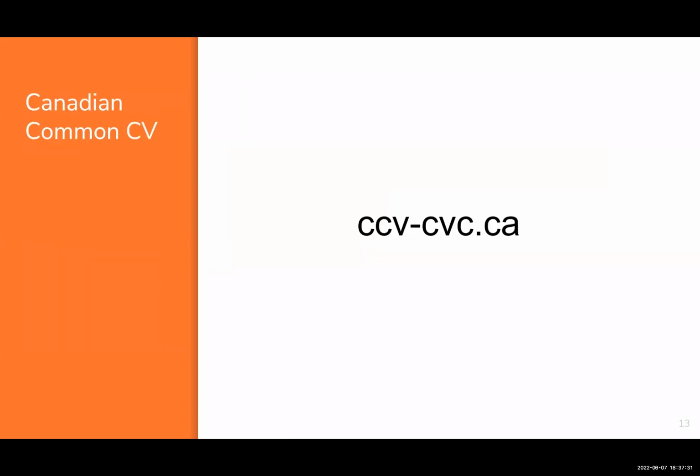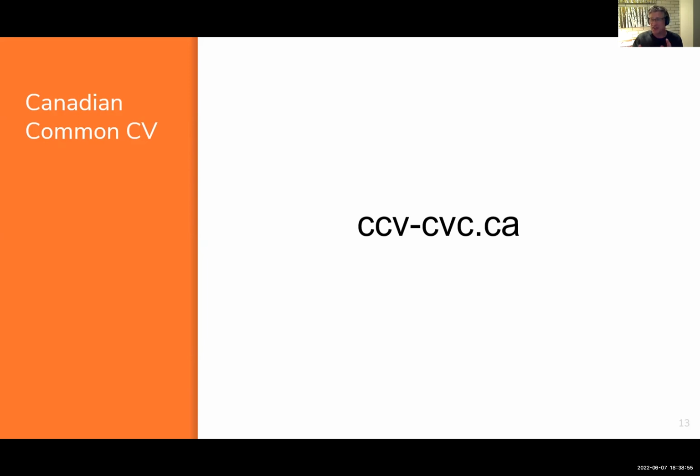I will now turn it over to Dr. Archibald. Okay, so I'm just going to quickly talk about the Canadian Common CV. As Sylvie mentioned, it's a partnership. It's a networked partnership, primarily between our tri-council government funding.